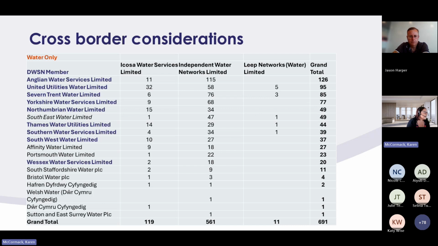All this means for a DWSN member is that when we come to provide a CON29DW, there are a lot more occasions when we need to contact a cross-border supplier to get the billing and water information. If it's a new supplier coming online and we may not have a relationship with that supplier, it takes a little bit of time to get them set up, educate them about the information they need to provide, and then get the data coming through.